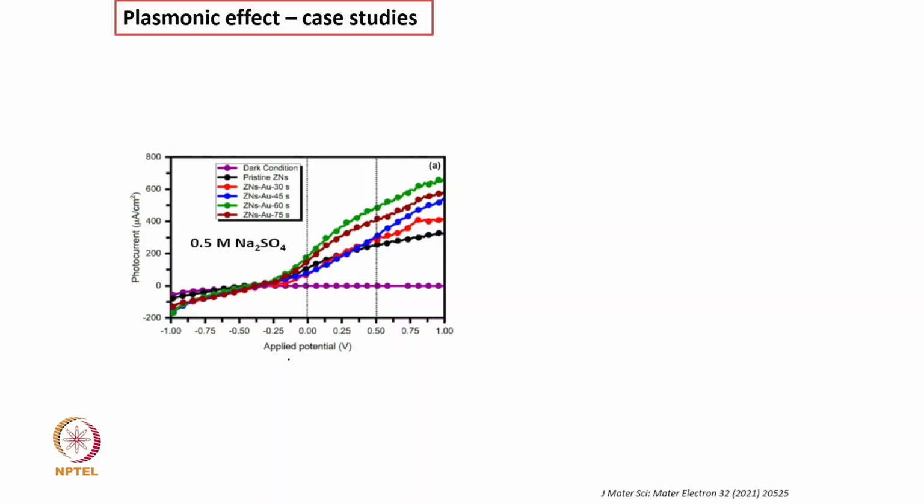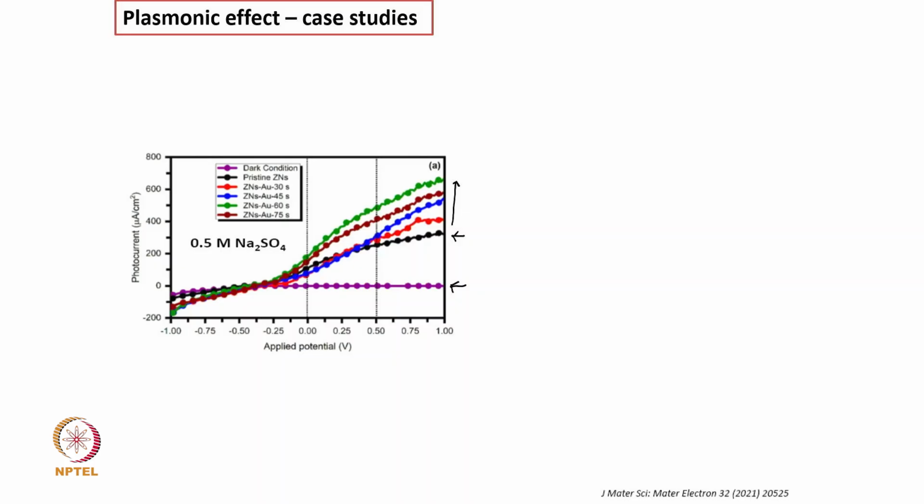If you look at the photocurrent for the different cases, this is the dark one, and then this is the pristine, where no gold nanoparticle is loaded, and you can see a huge enhancement in the photocurrent density.